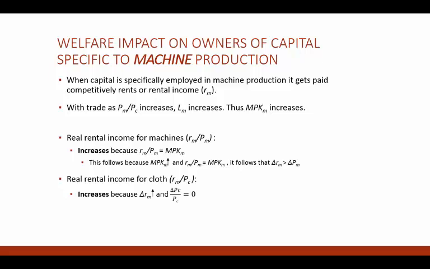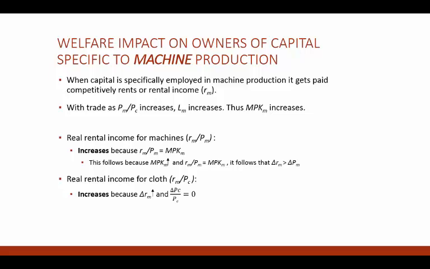Now, consider the following algebraic relationships. The real rental income for machines, that is RM over PM, has to increase because by definition this is equal to the marginal product of capital, the MPK, which we see increases as a result of trade.